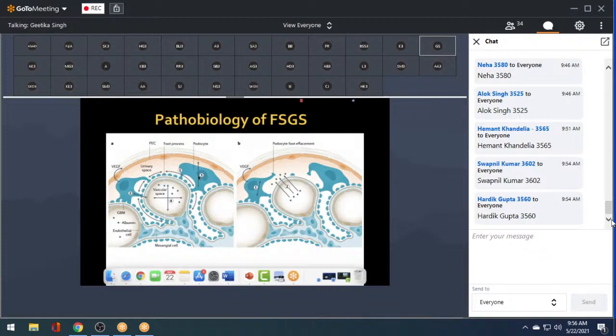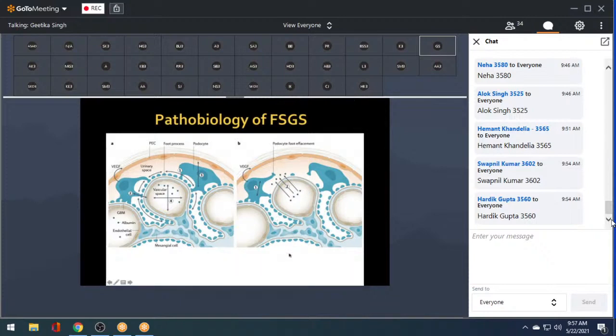So it results in a very different picture. You may have slowly progressive proteinuria. It may reach more than 3.5 grams, but it won't be associated with the syndrome, so there won't be hypoalbuminemia. The liver has been given enough time to compensate for the albumin loss. It is much more slowly progressive. But what would it look like to us on the biopsy? It will look like an FSGS.